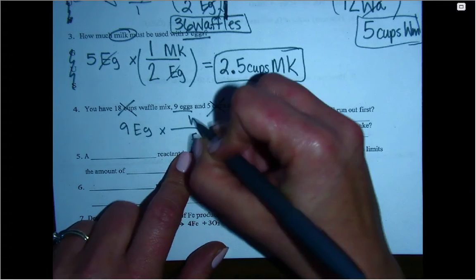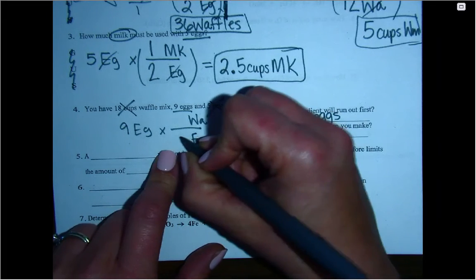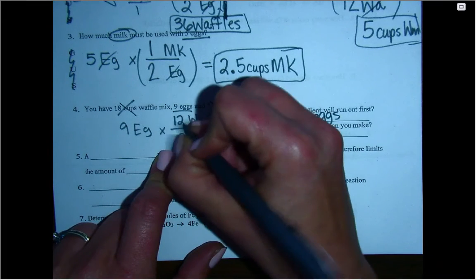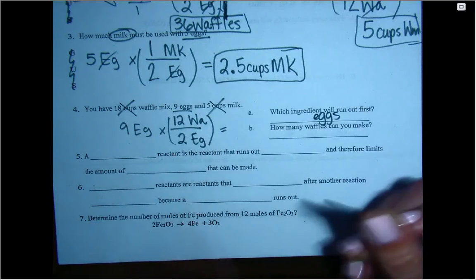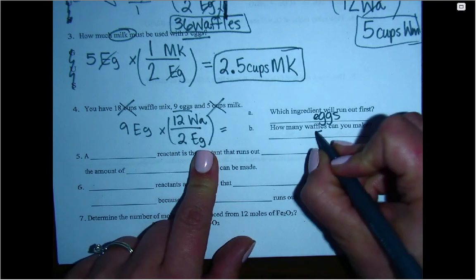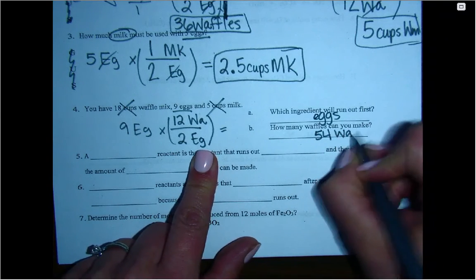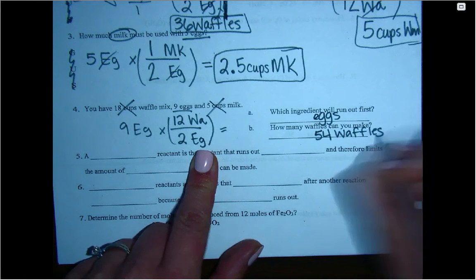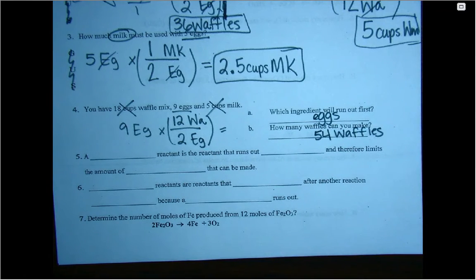I'm going to figure out how many waffles that makes. I know that every 2 eggs makes 12 waffles. So using that little ratio, you would have found out 54 waffles. Anybody else get 54 eventually? Good. Cool. Awesome. All right.